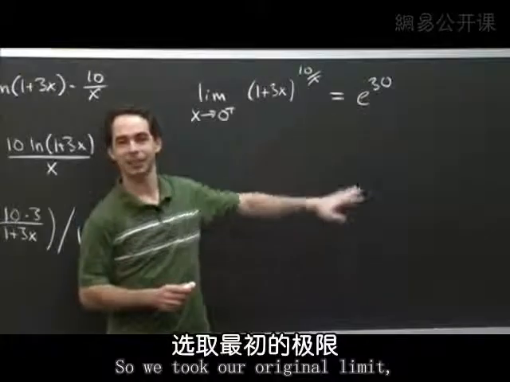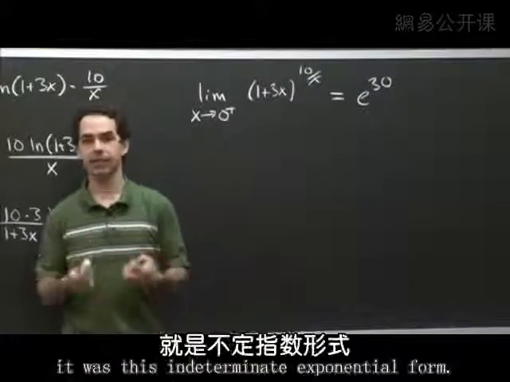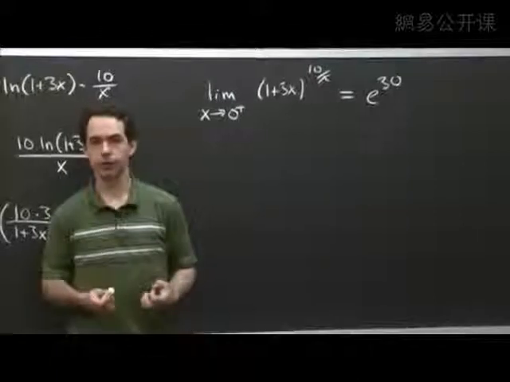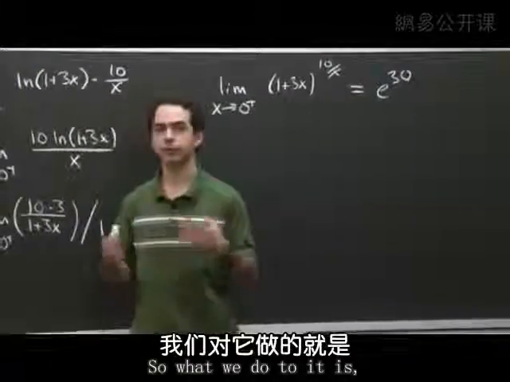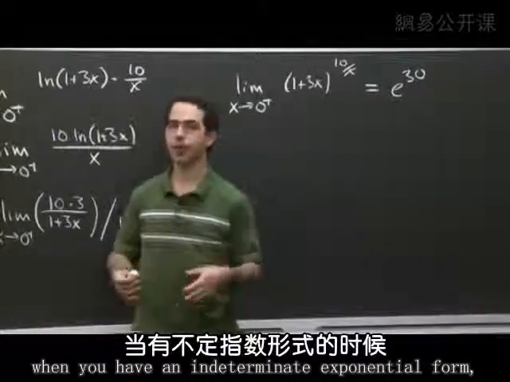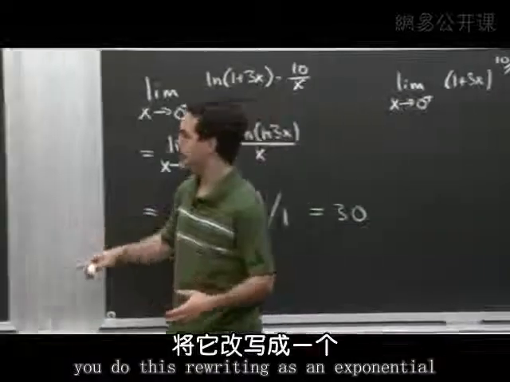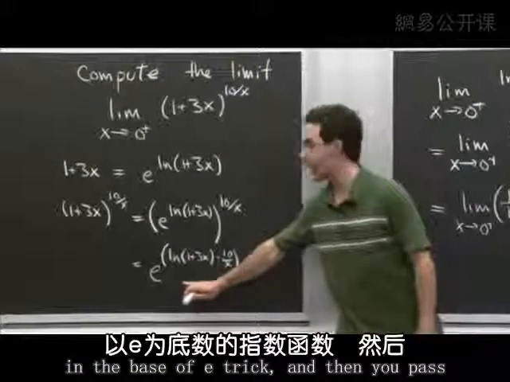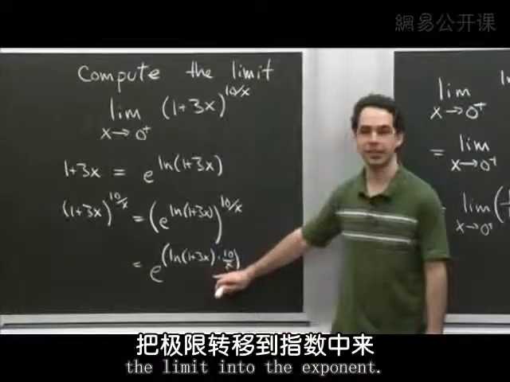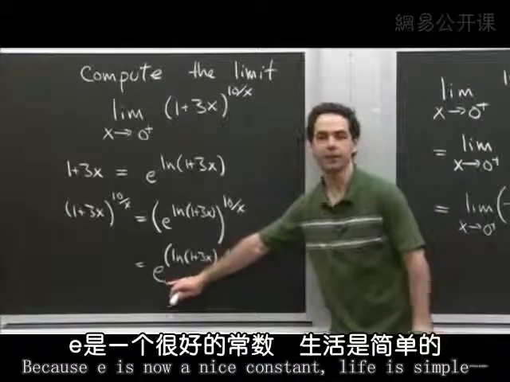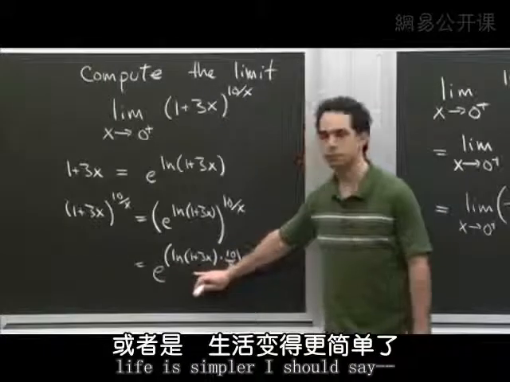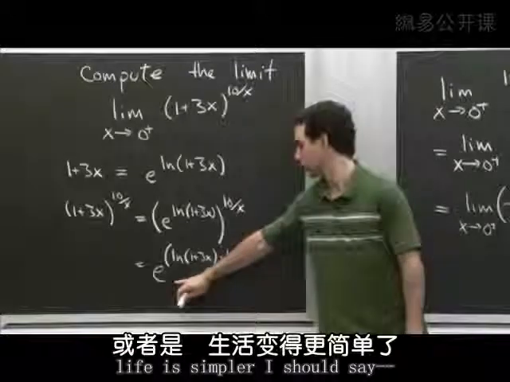So we took our original limit. It was this indeterminate exponential form. When you have an indeterminate exponential form, you do this trick of rewriting as an exponential in the base e, and then you pass the limit into the exponent. Because e is now a nice constant, life is simpler.